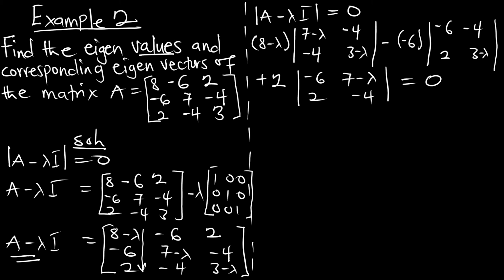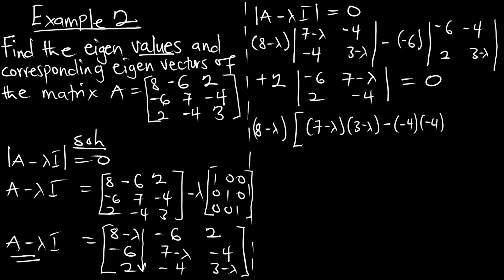We can further reduce this to 8 minus lambda multiplying the determinant of the 2 by 2 matrix. That is going to give us 7 minus lambda multiplying 3 minus lambda minus negative 4 multiplying negative 4 for the first part. So the second part, that is going to be plus.